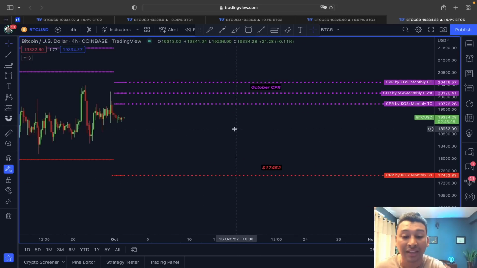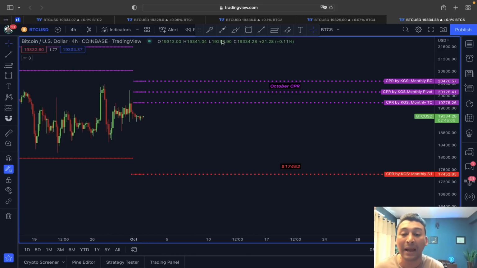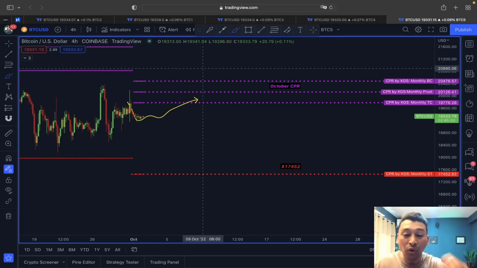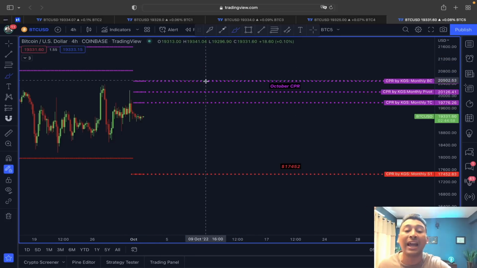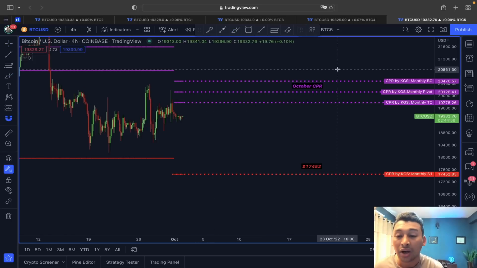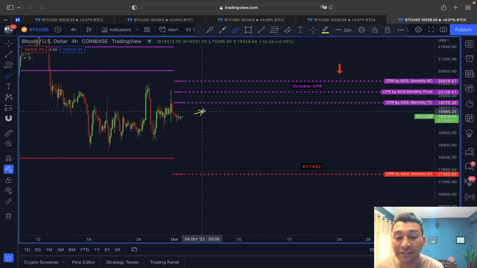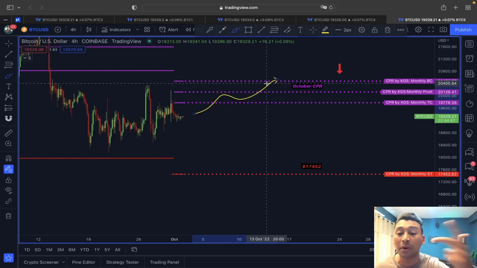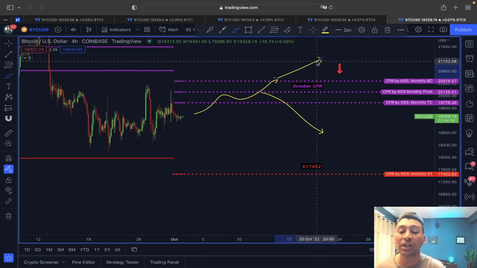But in our case, since this is a VCPR, I mean the price of Bitcoin is heading towards a certain direction without touching any of the CPR lines. In most cases, it is known as VCPR, and VCPR usually attracts the price like this. I mean, price usually gets gravitated towards any of the CPR lines, either bottom CPR line, central CPR line, or top CPR line, before choosing a trend direction.